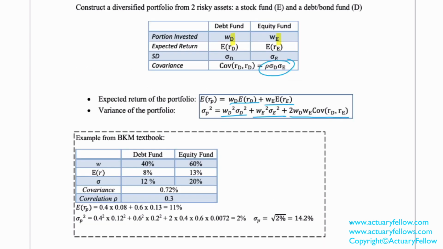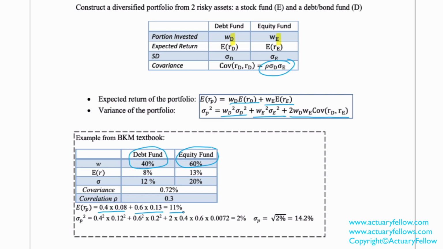In the example from the textbook, the weight for the debt fund is 40%, 60% for the equity fund. The portfolio expected return is 0.4 times 0.08 expected return of the debt fund plus 0.6 times 0.13 expected return of the equity fund equal to 11%.